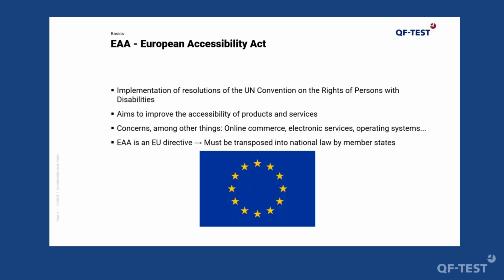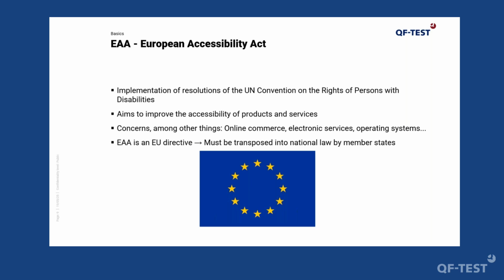Well, the European Accessibility Act implements resolutions of the UN Convention on the Rights of Persons with Disabilities, where the United Nations came together and concluded that they had to improve the lives of people with disabilities and make everything more accessible, especially products and services.